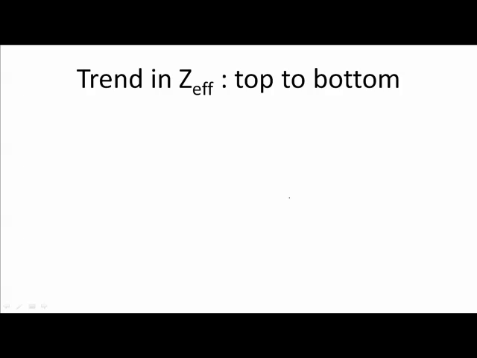All right, so what if we're going top to bottom in the periodic table? So now let's take, say, lithium, and then we'll consider sodium. Lithium, we already said, there's 2 core electrons, 1 valence electron.